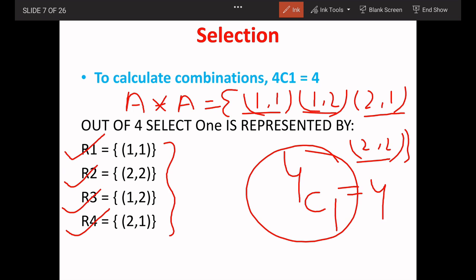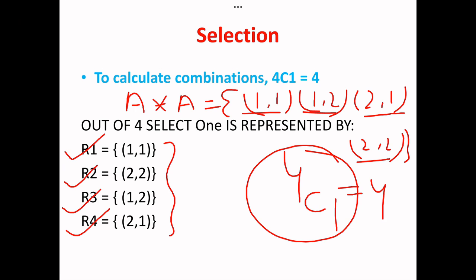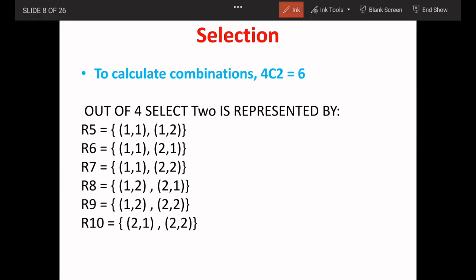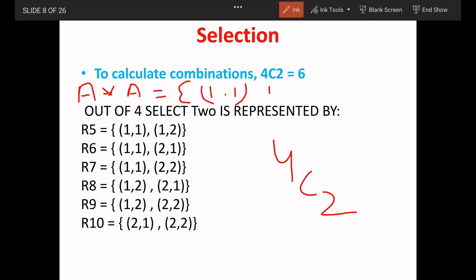Next, maybe the user wants to select 2 out of 4. So how many ways? In A cross A there are a total of 4 elements.